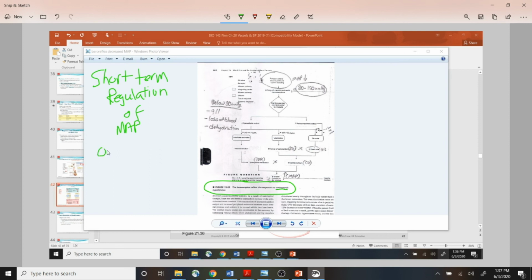So when you go from a reclining position to a standing position, many of you don't even notice this, but your blood pressure will actually drop. The orthostatic part is going from reclining to standing. Hypotension means your blood pressure drops when you do that.